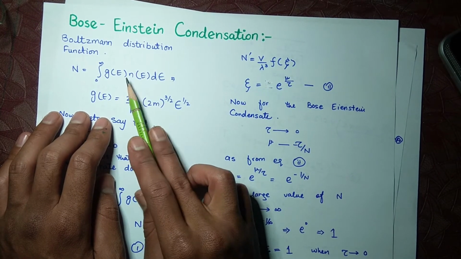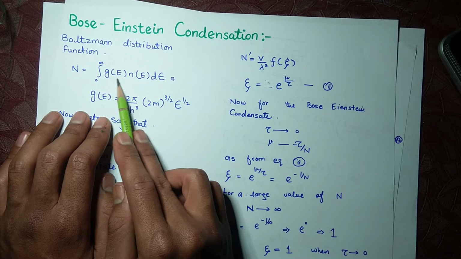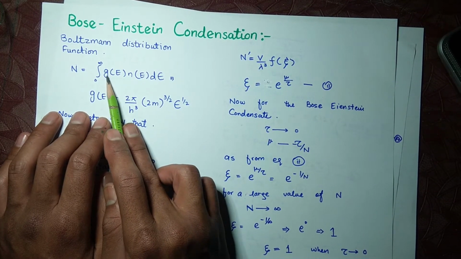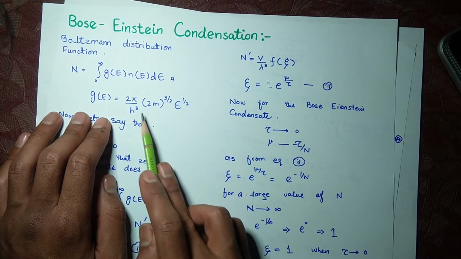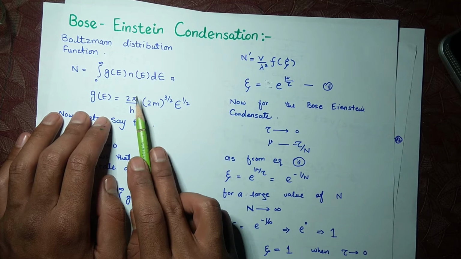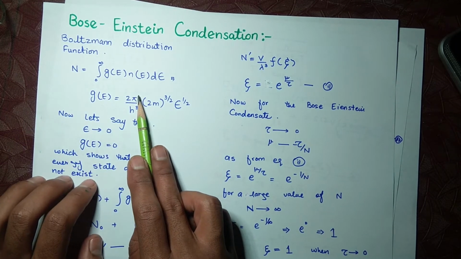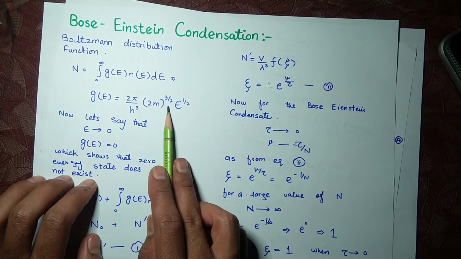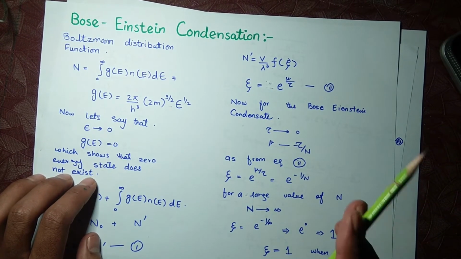Here is the density of states, and its value, which we have calculated for bosons in 3 dimensions, is equal to 2 pi over h. You can see this value is equal to this term.